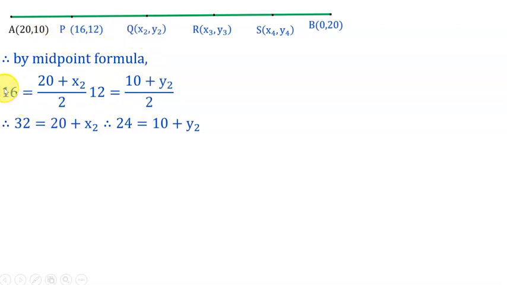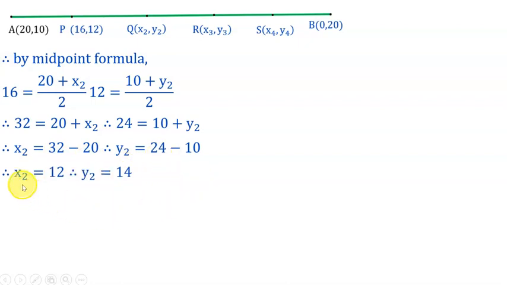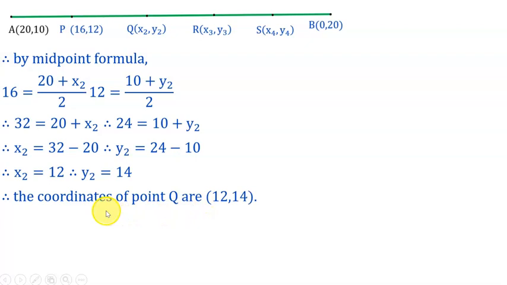Normal simplification. 16 into 2, 32 is equal to 20 plus x2. 12 into 2, 24 is equal to 10 plus y2, and therefore x2 is equal to 32 minus 20, y2 is equal to 24 minus 10, and therefore x2 is equal to 12, y2 is equal to 14. Therefore the coordinates of point Q are 12, 14.